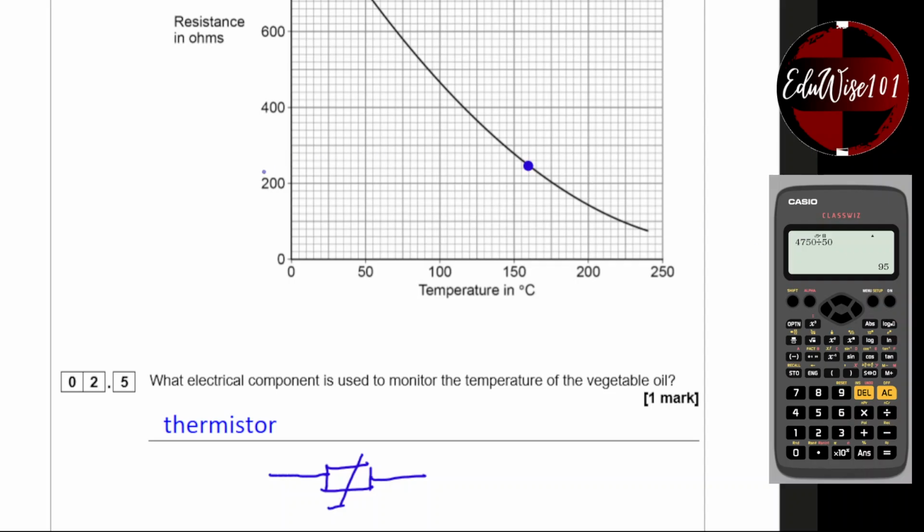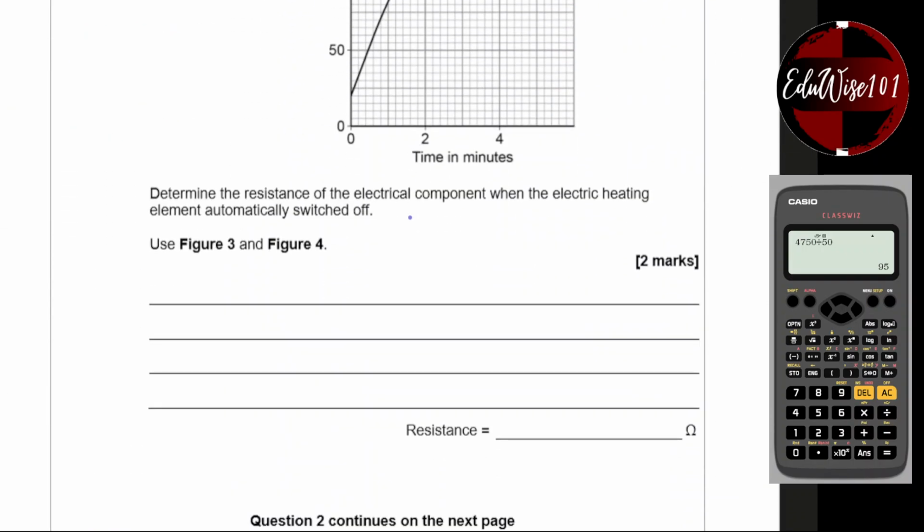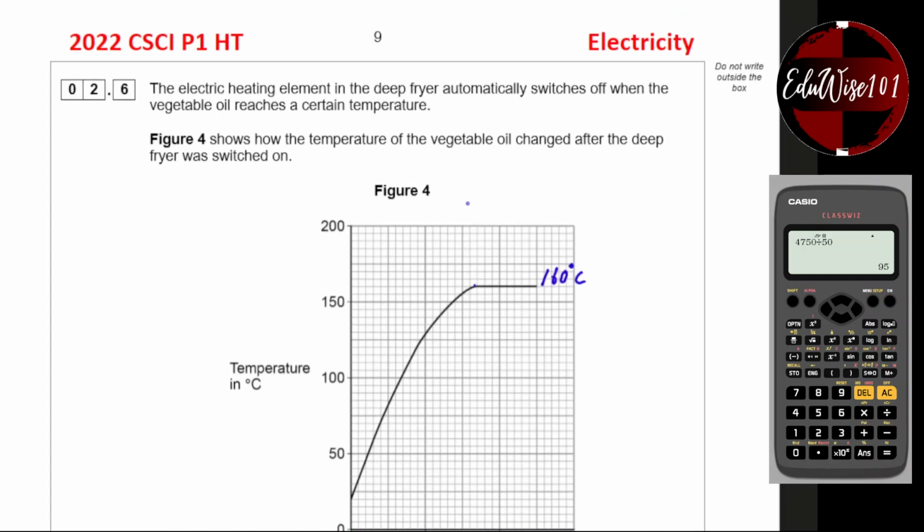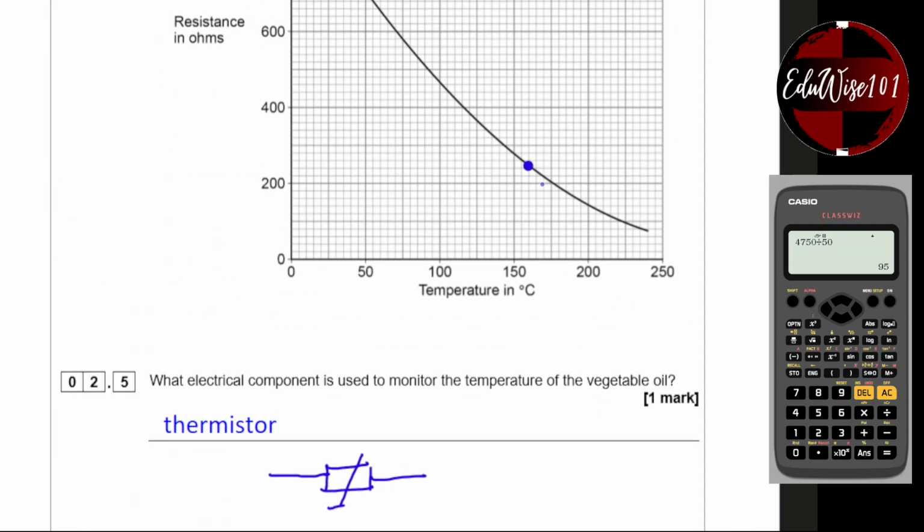And the corresponding resistance. They're asking for the resistance of the electrical component. So the corresponding resistance would be somewhere there, between 240 and 260, because this is 300.